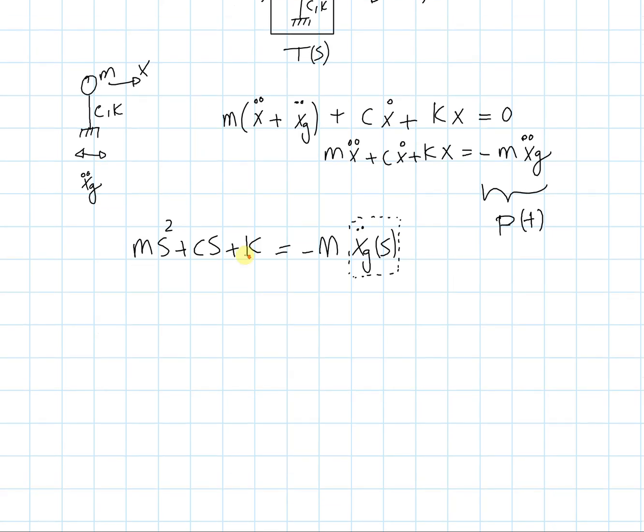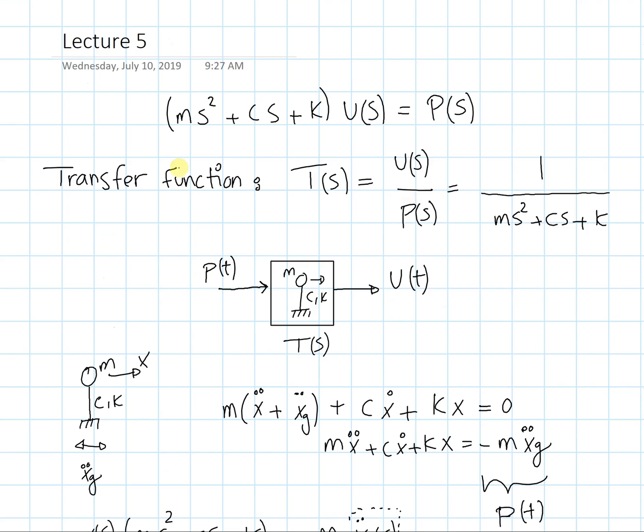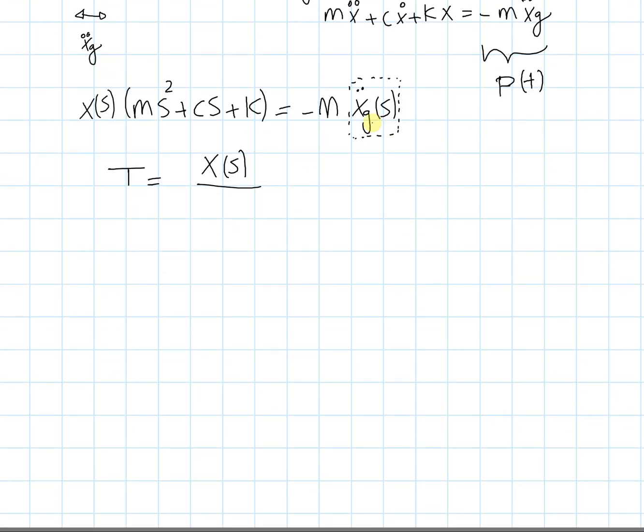And so my transfer system is going to be something like this. I can have T is equal to X(s). By the way, I forgot my x here. So X(s). I think in the previous example I used u, but you can think of u as x, so it doesn't really matter.